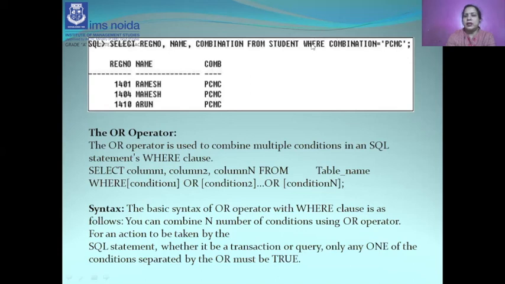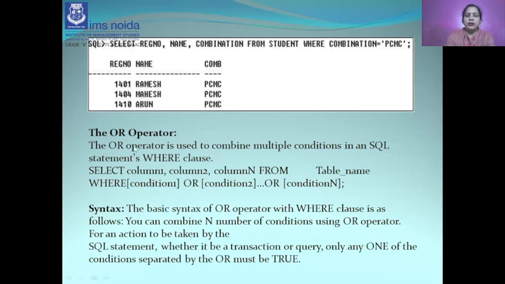Sorry, here the combination is not mentioned. The example is different, but we can apply with the help of the AND operator multiple conditions, that is, combination PCB and fees greater than 50,000. If no combination is applicable here, in that case it will not display any record.